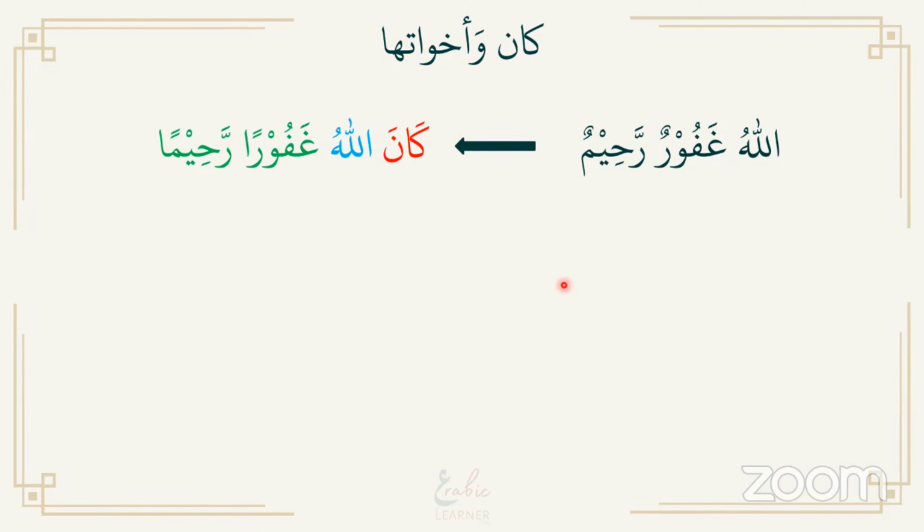Let's say there is an example, Allahu Ghafurur Rahimun. This is jumla ismiya. Allah is the mubtada, and Ghafurun Rahimun is the khabar. If I want to convert this into a kana sentence, I will say Kana Allahu Ghafuran Rahima.